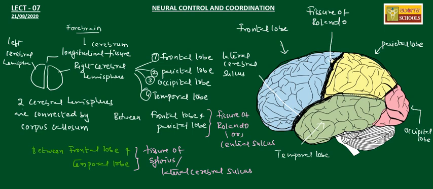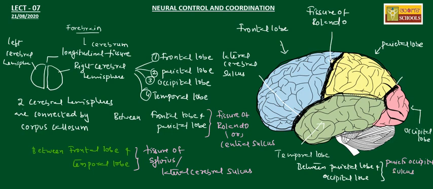Between the parietal lobe and occipital lobe, a parieto-occipital sulcus is present.